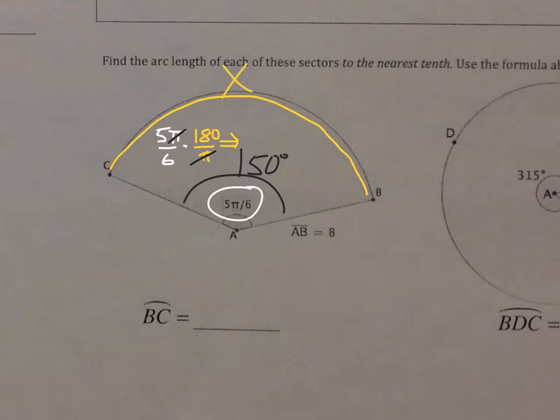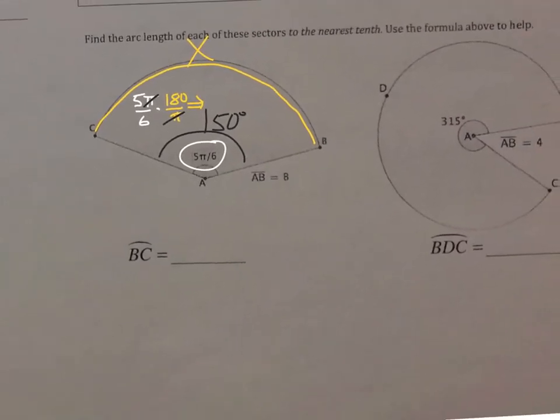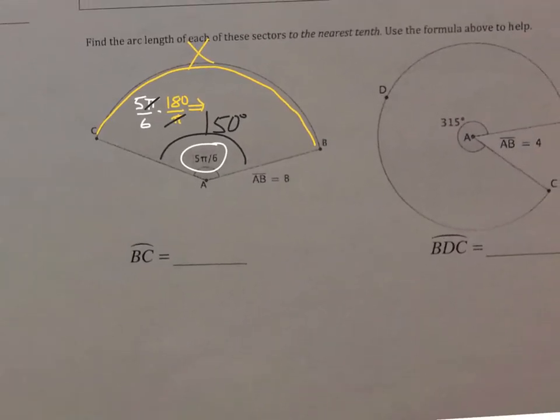And now we can do the work that we did yesterday to figure out the arc length. Still paying good attention? Okay, so we did all that work to get the angle right. Now let's use the formula from the last few days to work on figuring out how long it is. So the formula we've been using would be the angle over 360 equals part over the total.